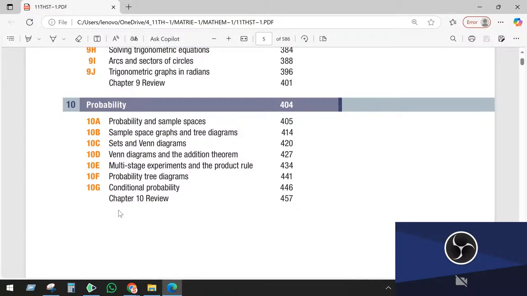Probability always lies between 0 and 1. The probability of certain events is 1, the probability of impossible events is 0, and we have to think about the probability of equally likely outcomes. Equally likely means all have equal chances, anyone can come.